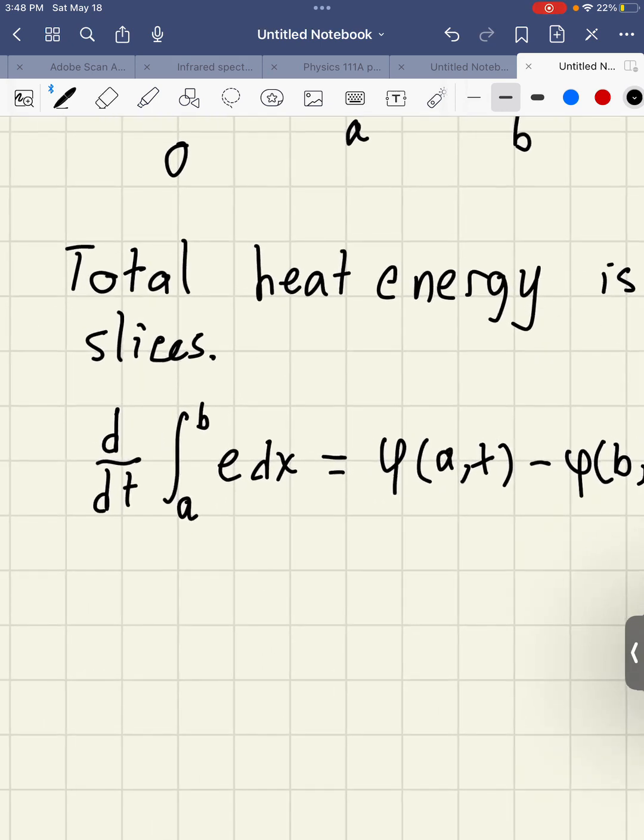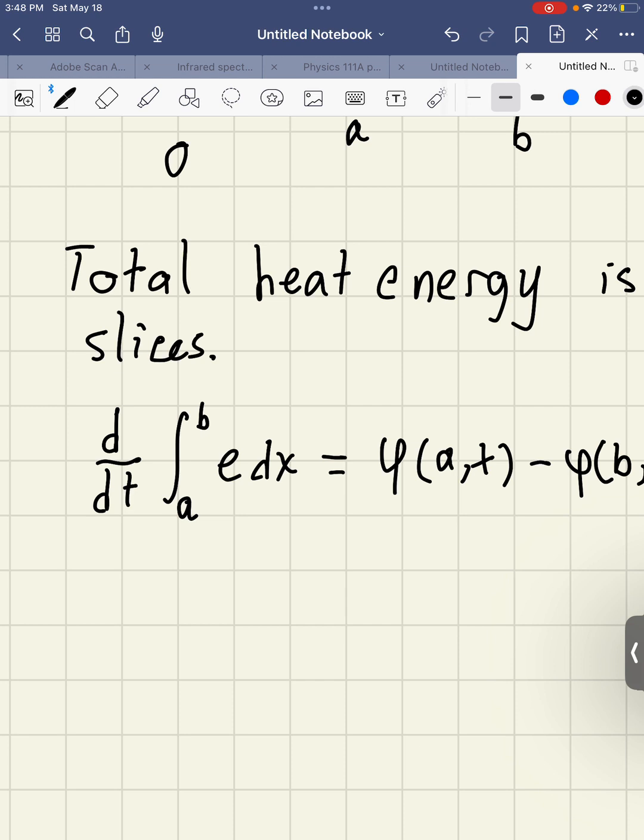Now, my integral only depends on x, since I'm integrating with respect to x, and my thermal energy density is a multivariable function of position and time.